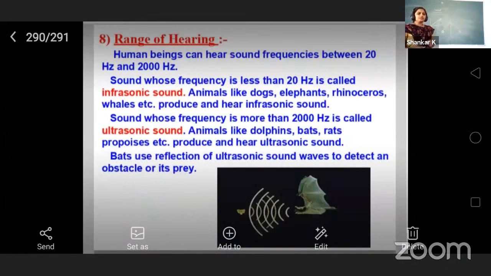So, range of hearing. What is the range of hearing? I'll tell you. If I speak without a mobile or anything, can you hear the sound, students?